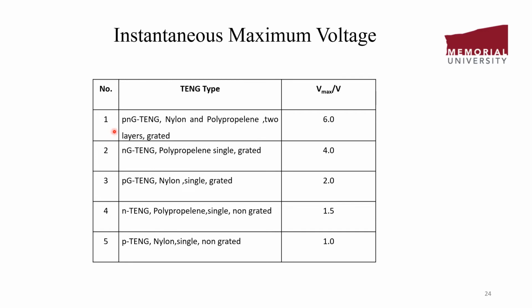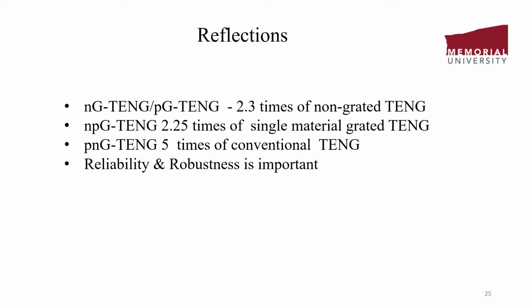So for the positive and negative trench, we got 6 volt, and there is another interesting observation: in the single material trench, the polypropylene gave the highest voltage. The reasons are discussed in the report in detail.